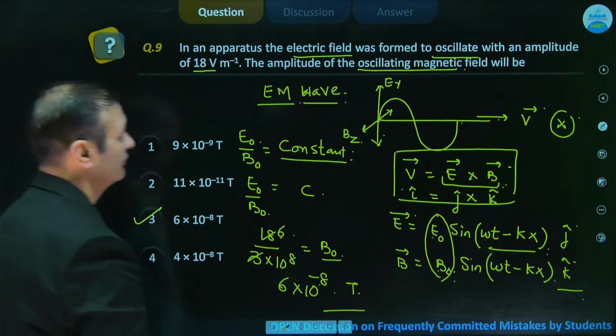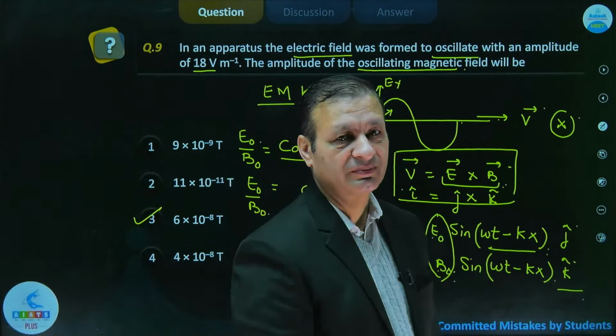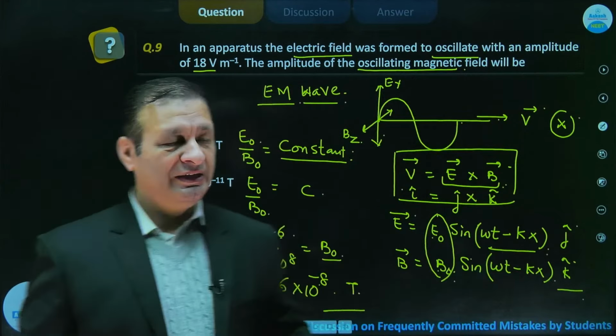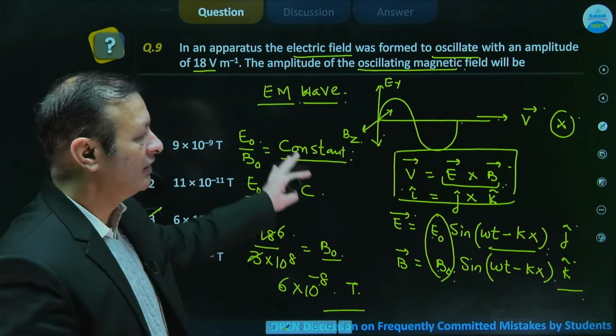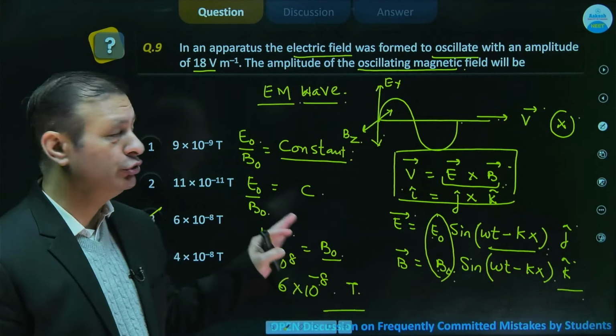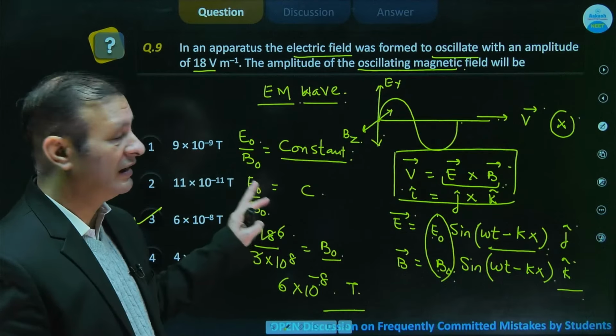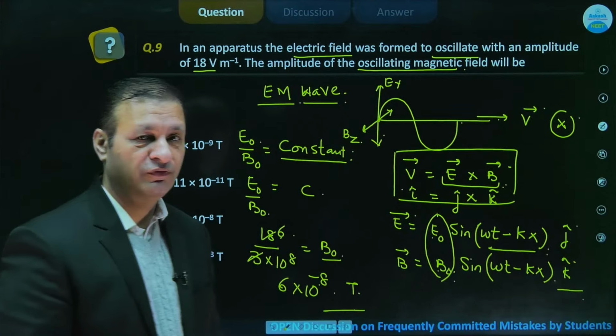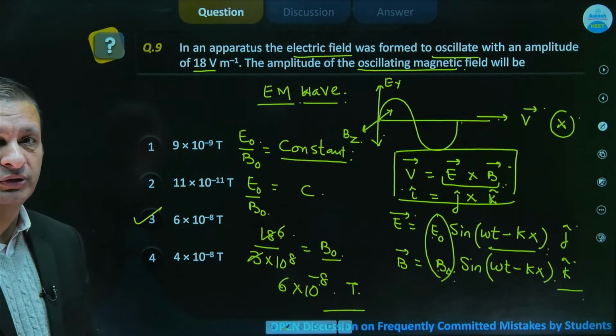So this is the third option we have. Any doubt from this part? I have tried to explain all the fundamentals which you need to thoroughly understand about this concept. Any doubt now?